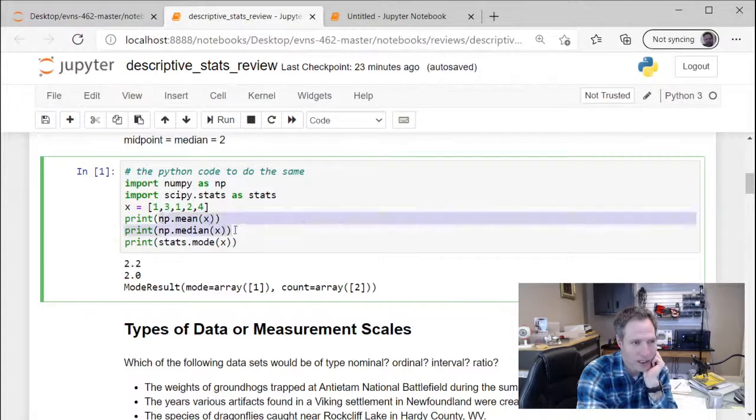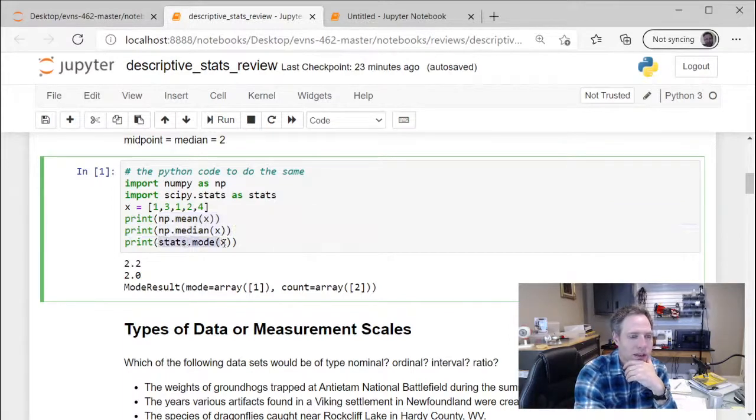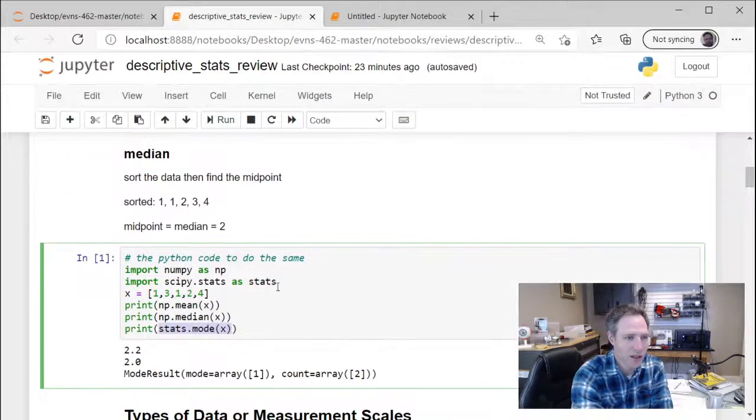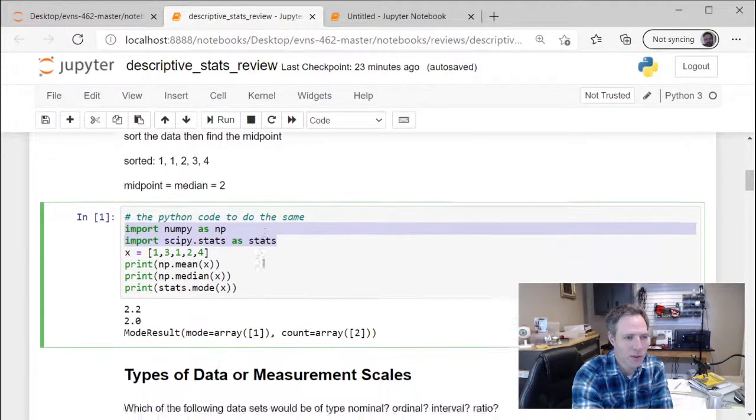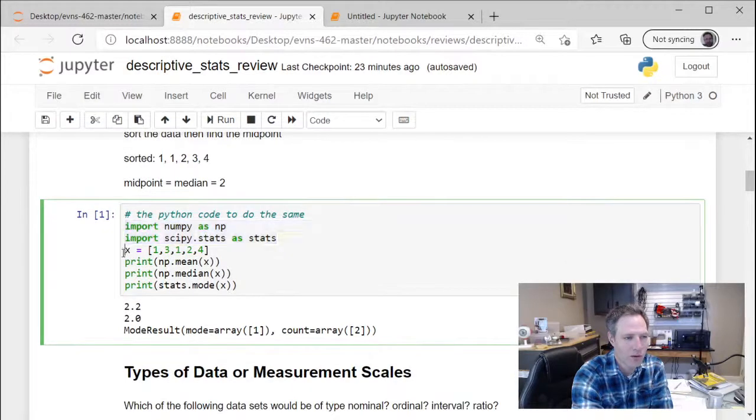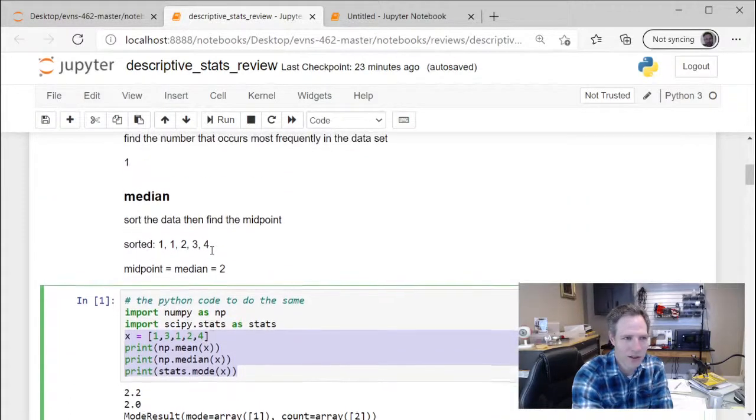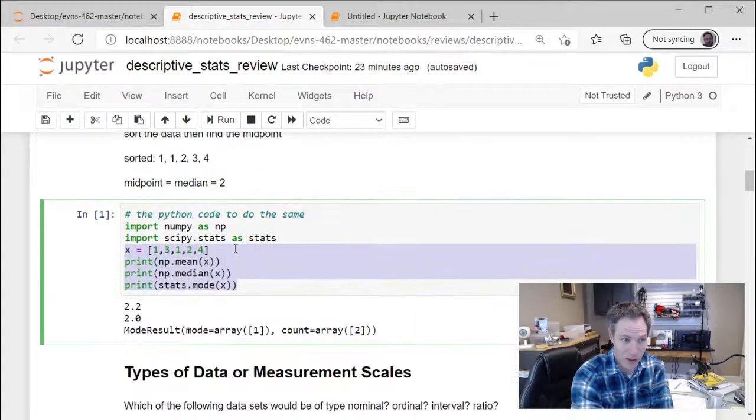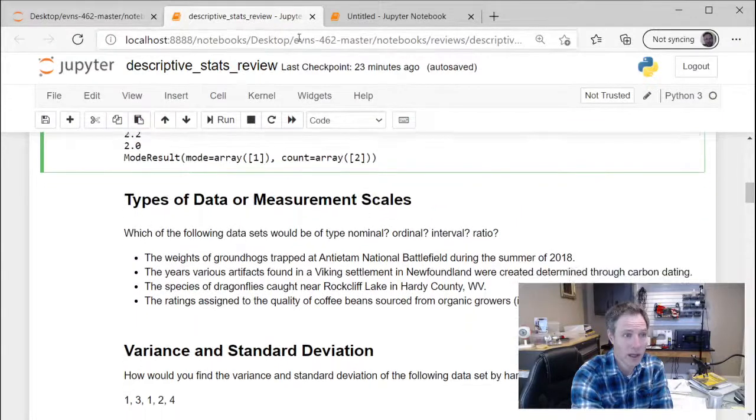The mean and median here are using functions that are built into NumPy, and the mode is calculated using a function that's built into the stats package, which are imported here as tools. So while you'll never actually calculate mean, median, and mode longhand in practice, I will expect you to be able to do this on the exam. Do it once so that shows me that you know what they are. Okay.